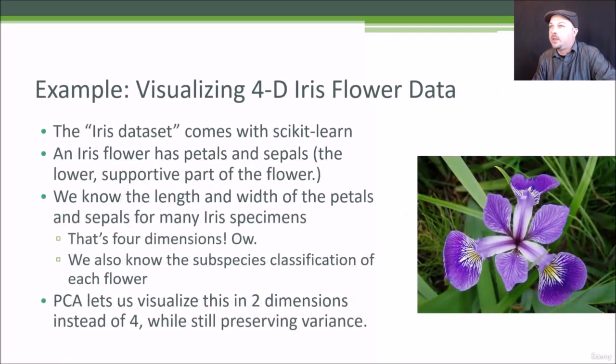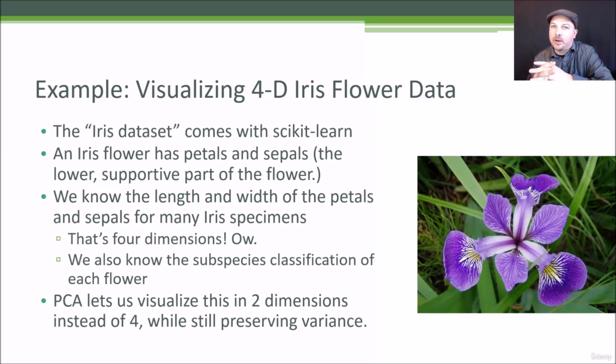To make it real, we're going to use a more simple example using what's called the iris data set. This is a data set that's included with scikit-learn. It's used pretty commonly in examples. And here's the idea behind it. An iris actually has 2 different kinds of petals on its flower. One's called a petal, which is the flower petals you're familiar with. And it also has something called a sepal, which is a supportive lower set of petals on the flower.